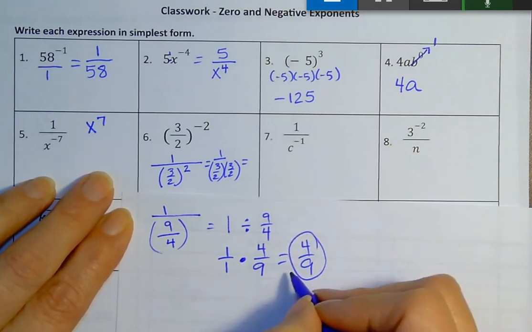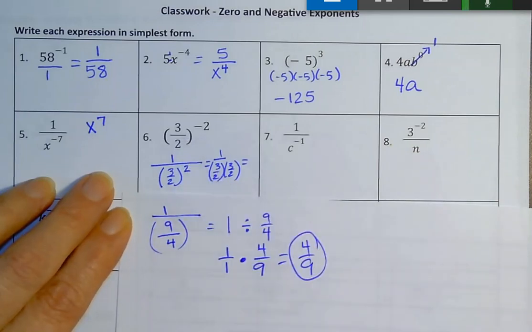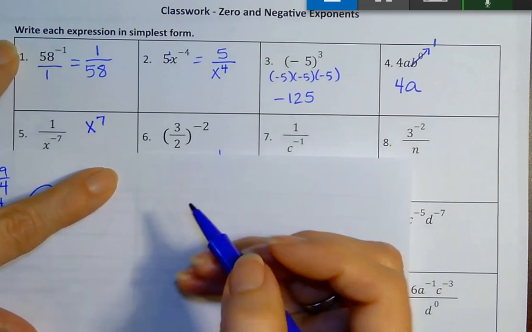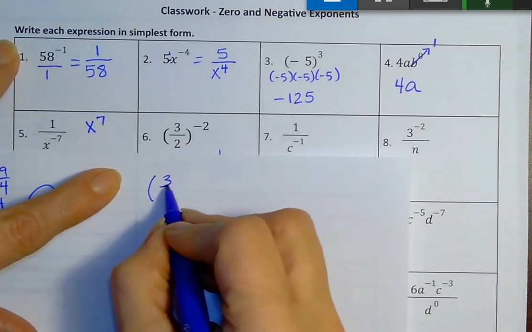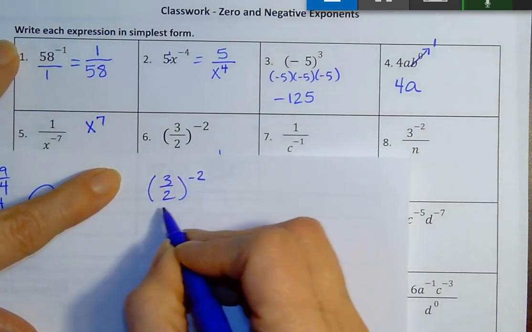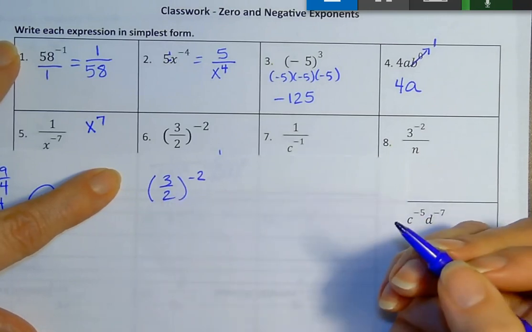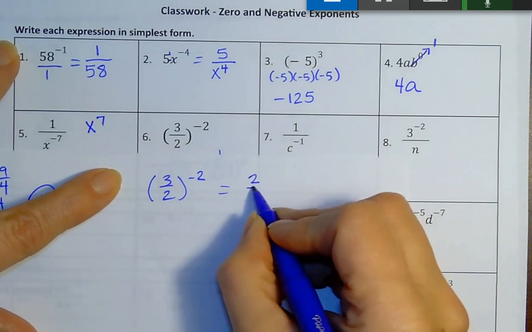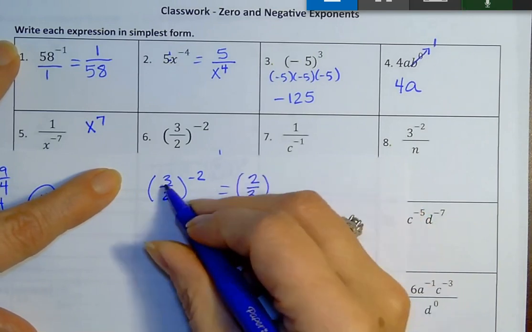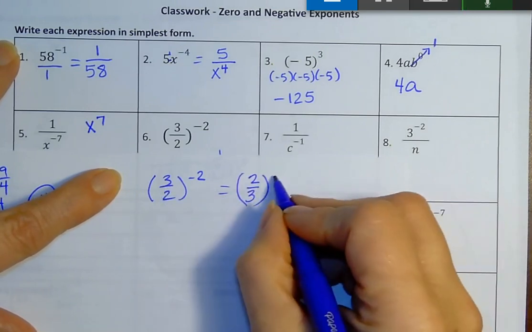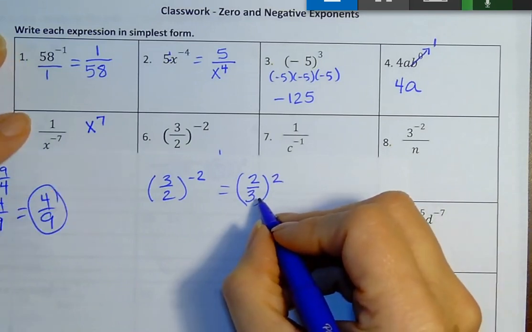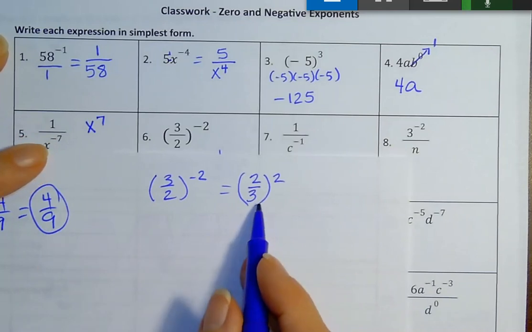We're going to talk about this more a little bit later, but let me show you the easier way to do this. If I have 3 halves to the negative 2, and I have a fraction inside my parentheses, I can actually flip my fraction upside down, 2/3. See, I did the reciprocal there, and I can make my exponent positive. What, you say? That doesn't match what I have? Well, yeah, it does, because watch.